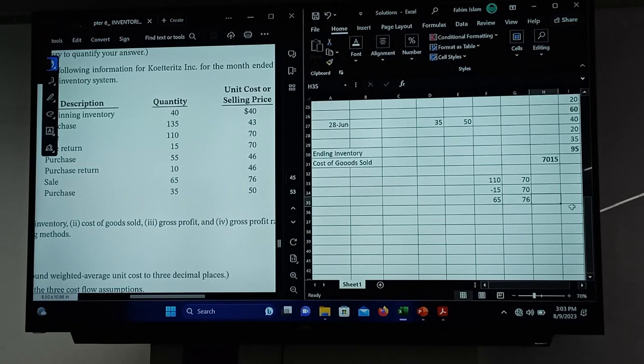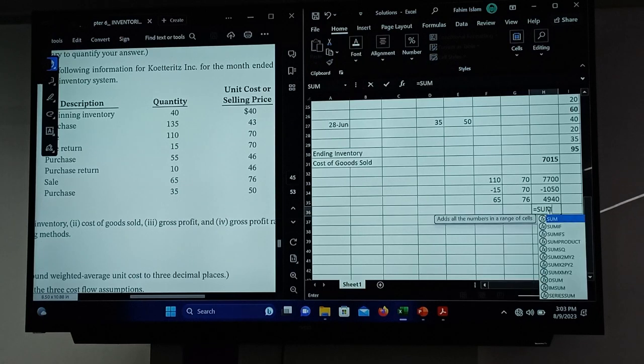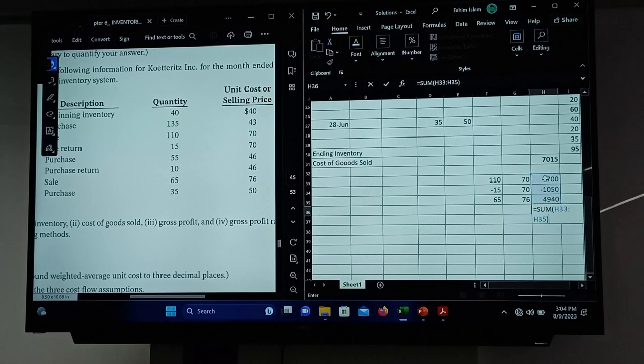So we got our total sales here. Let's sum that. We have got our selling price, or SP.